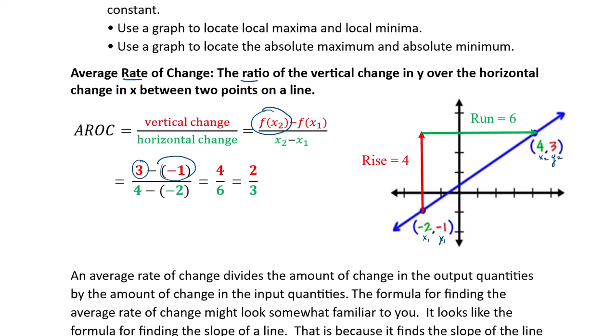All divided by x sub 2, that's 4, and x sub 1 is -2. So minus a -2, again you need parentheses, and simplify. This is going to be 4 on top, a 6 on the bottom, which simplifies to 2/3. So our slope is 2/3.